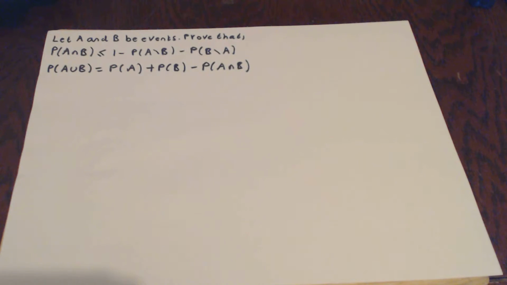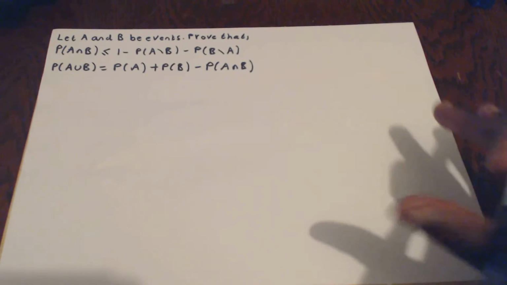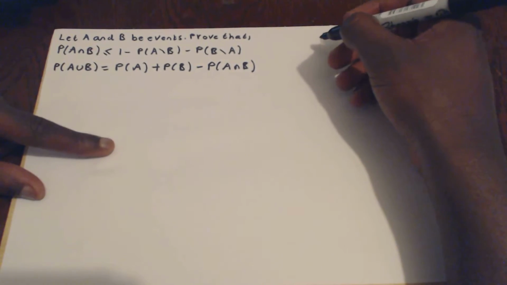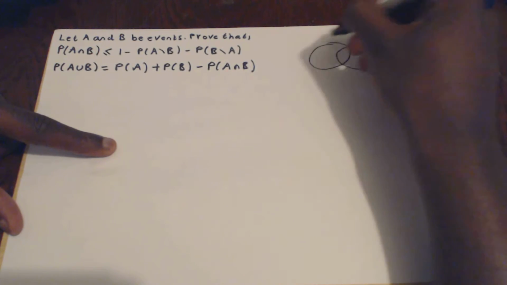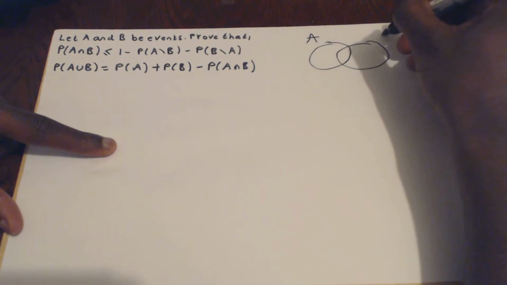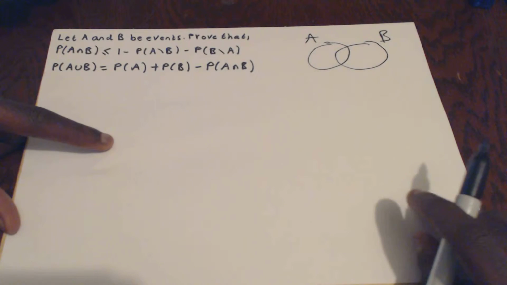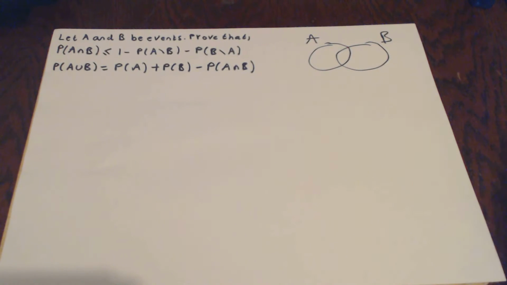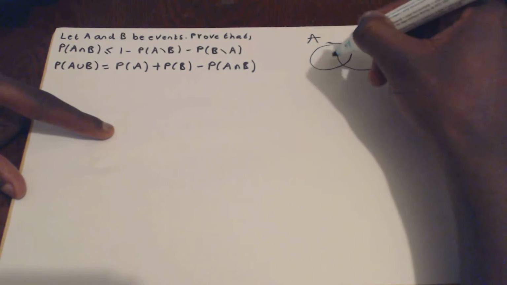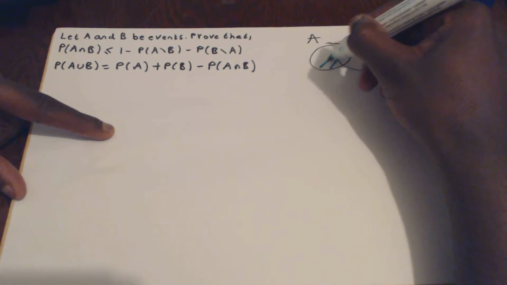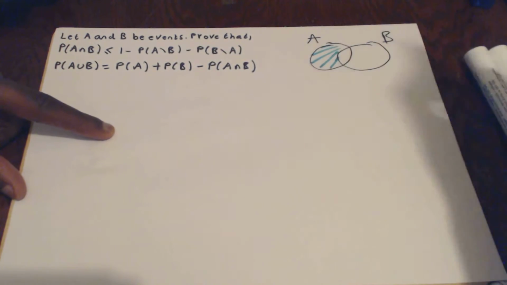So for A set difference B, I'm going to use the probability of A, and for B set difference A, I'm going to use the probability of B. Geometrically, just to understand it, let's say we have two circles, because we have our two events. We've got A, we've got B. A set difference B is just where A occurs and B does not occur, so that's all of that.